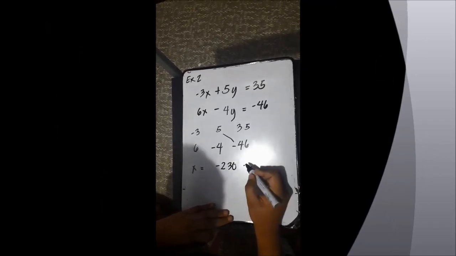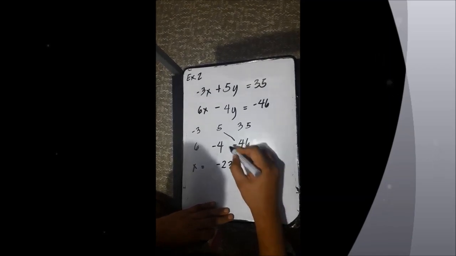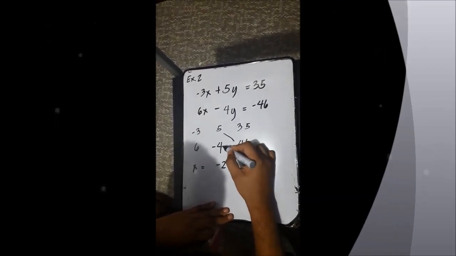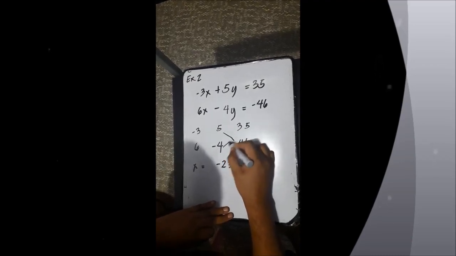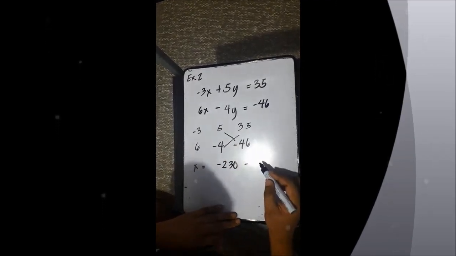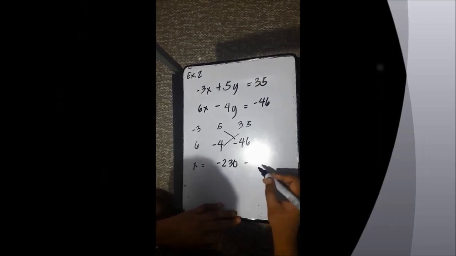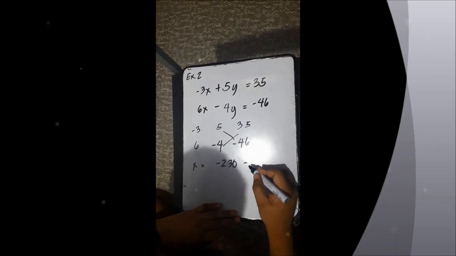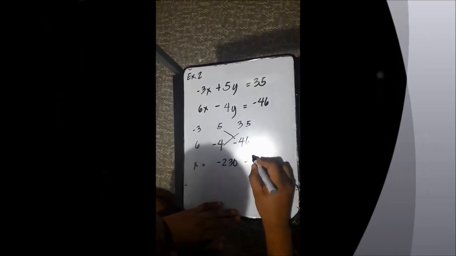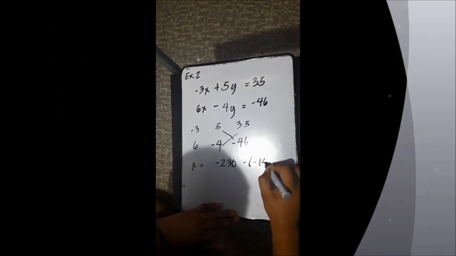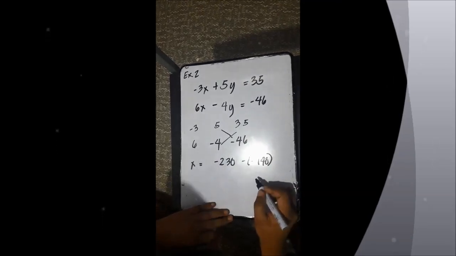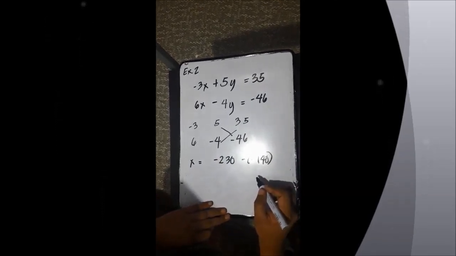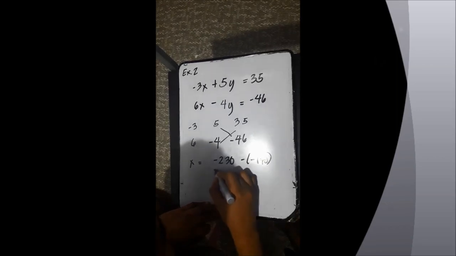Then minus the other side, which would be negative 4, coefficient of y of the second equation, times 35. So negative 4 times 35 gives me negative 140. Okay, 4 times 30 is 120. Okay, that's correct.